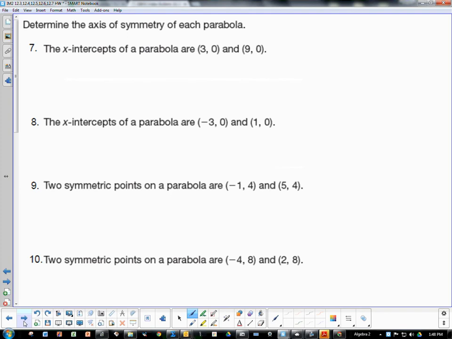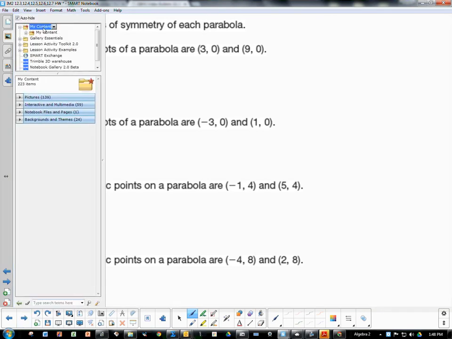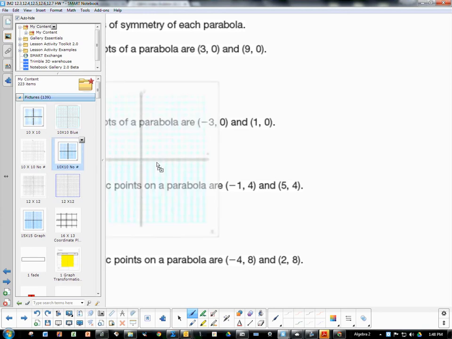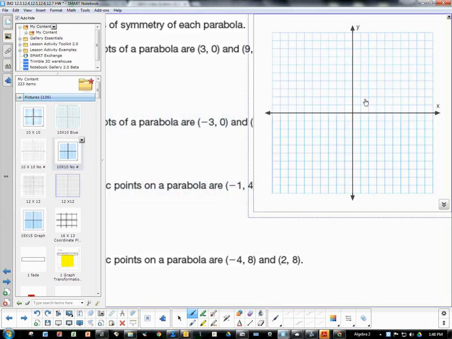Next page, number 7. It says determine the axis of symmetry of each parabola. All right, okay, so number 7. Let's get a graph going here. So let's say this is my graph for now.